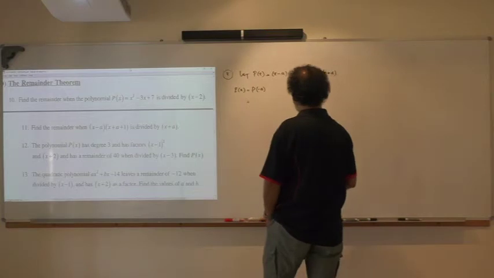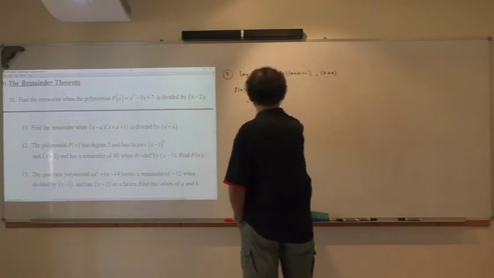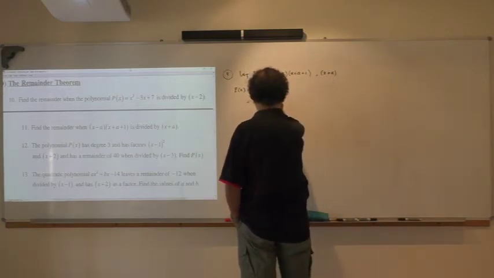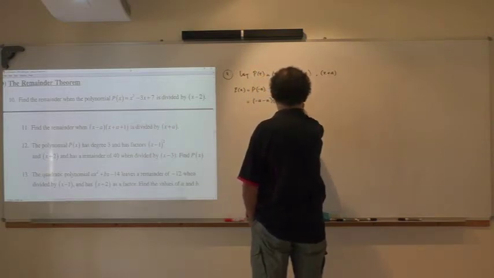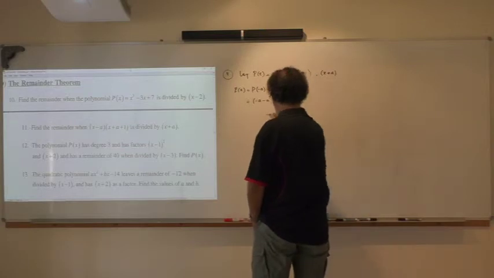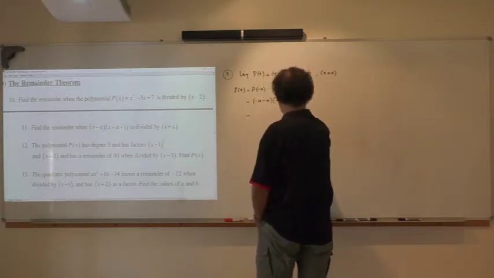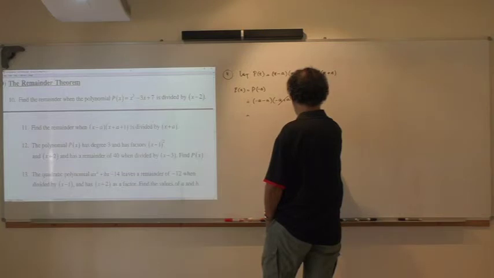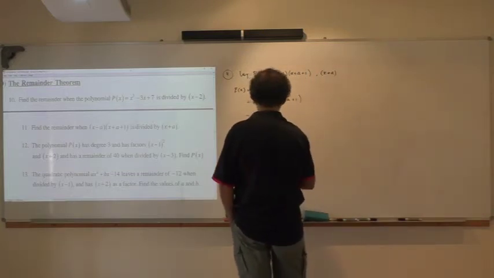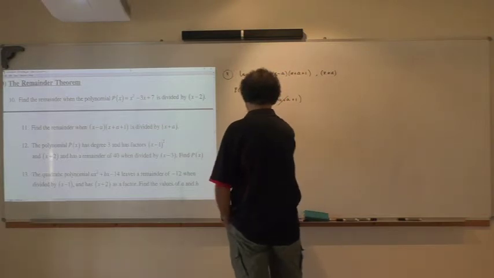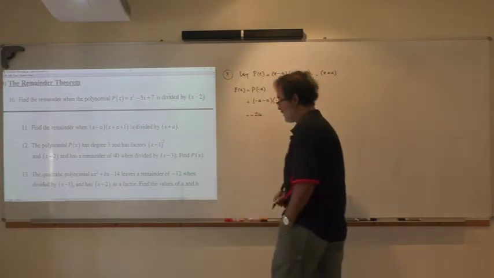Then we substitute. We're going to have negative a minus a, and then negative a plus a, and then plus 1. This is equal to 0, so it's going to be 1. So we're going to have minus 2a multiplied by 1, which is minus 2a. That is the answer for that question.